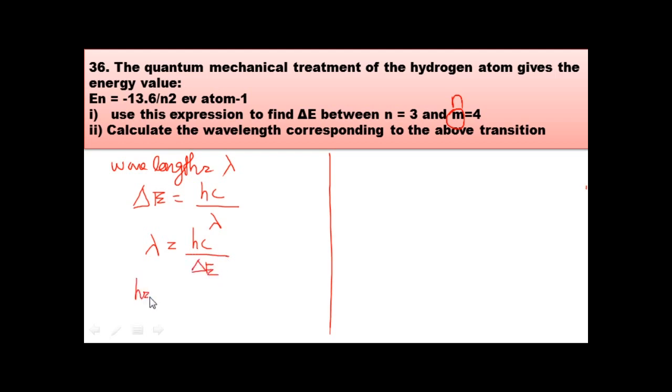What is the h value? Planck constant 6.626 into 10 power minus 34 joule second. Then what is the c? c is the velocity of light, 3 into 10 power 8 meter per second.